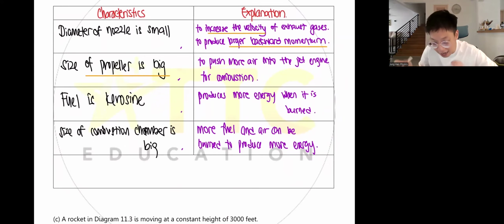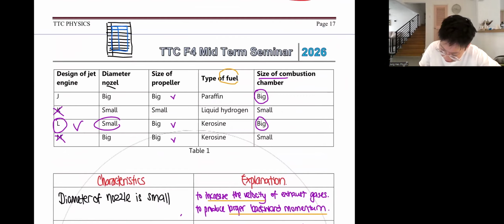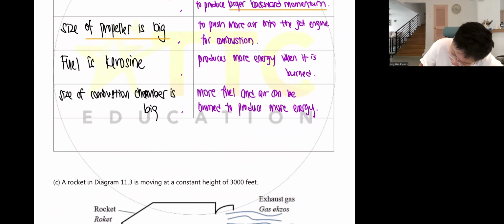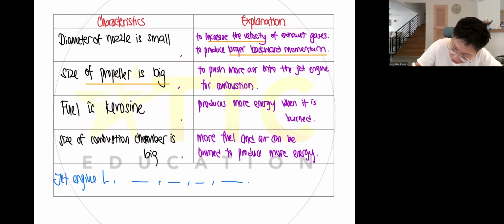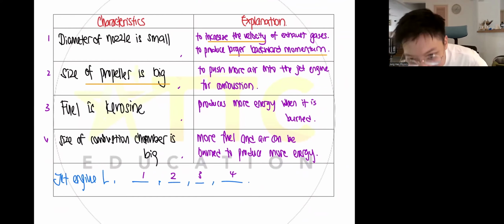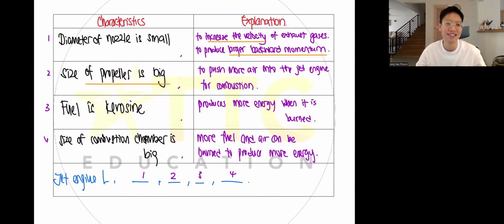So finally, our answer is jet engine L. Then we just write down all the factors, factor 1, 2, 3, 4, and that is our answer.